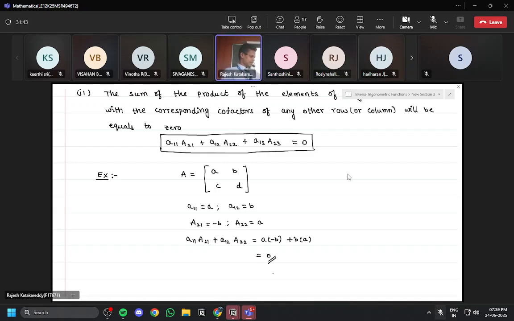Cofactor matrix of an upper triangular matrix, you will get as lower triangular matrix. You do the transpose, you will get again upper triangular matrix. Take any upper triangular matrix, do transpose, you will get lower triangular. Clear?